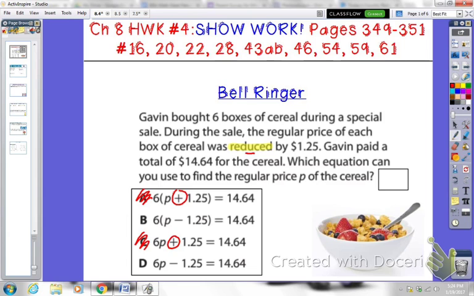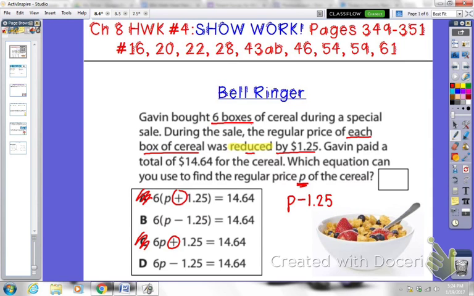So let's look at this. The price of the cereal is P, and you're reducing each box by $1.25. That's like saying I'm taking the price of the cereal and subtracting $1.25 each time. All of these are equal to the total $14.64, so that can't help us much in eliminating answers, but I know that he bought 6 boxes.